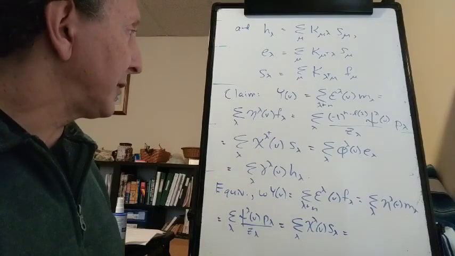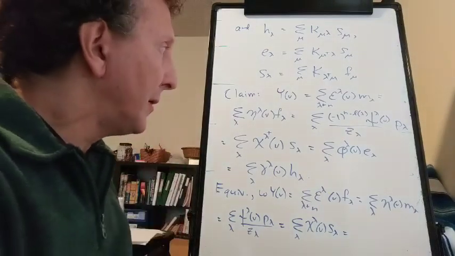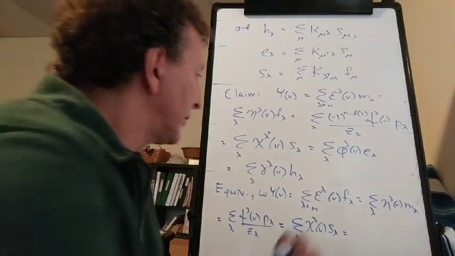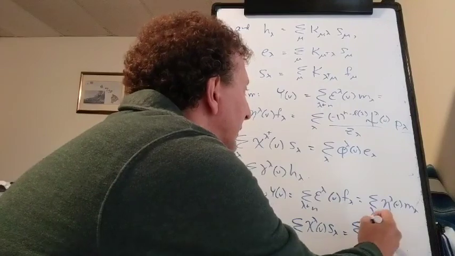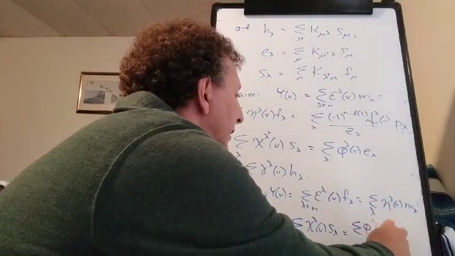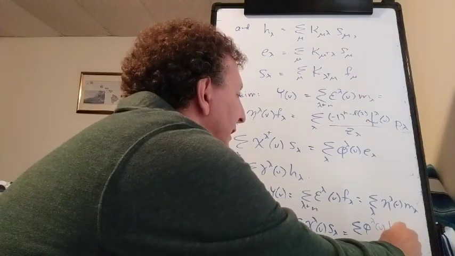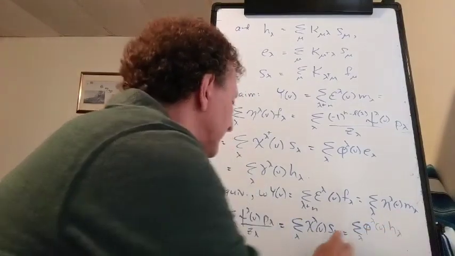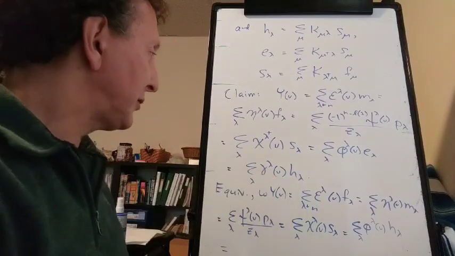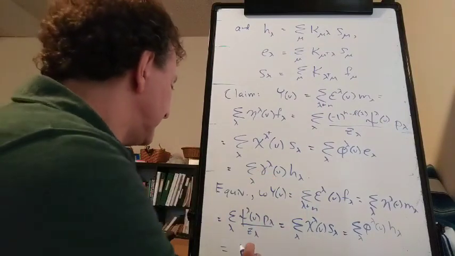And the elementary symmetric functions get mapped to the homogeneous symmetric functions. So we'll have the monomial trace evaluated at v times h lambda. And finally, the homogeneous symmetric functions get mapped to the elementary.